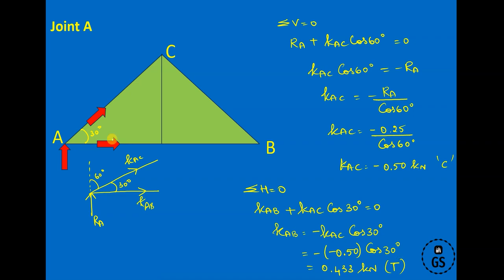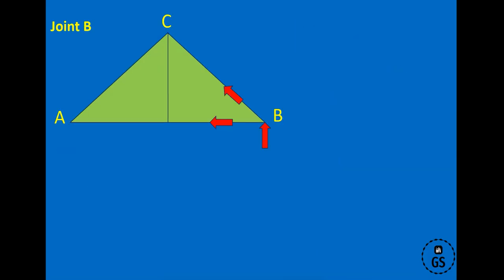Right, so now we have determined KAC and KAB, so both members are determined. Now the unknown is KBC, so let's go for the other joint. Taking joint B, over here the angle is 60 degrees.